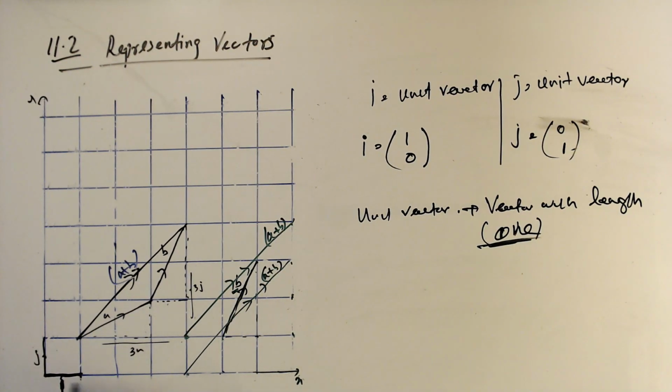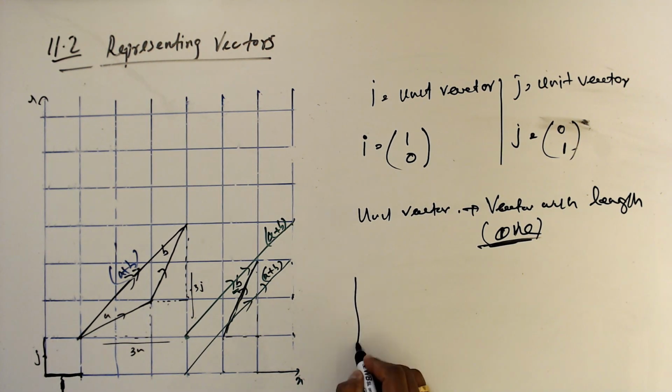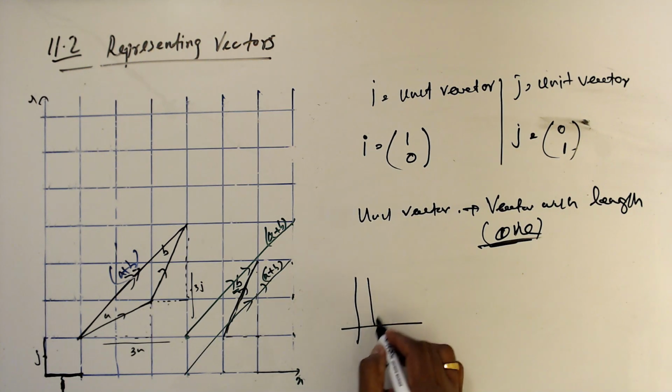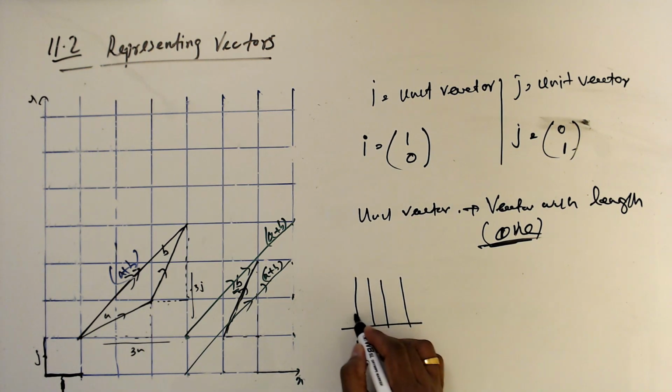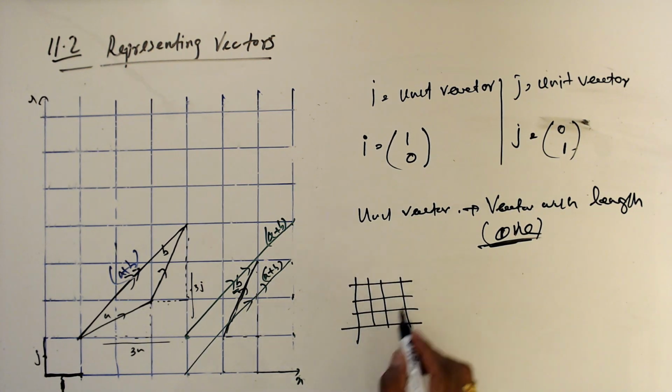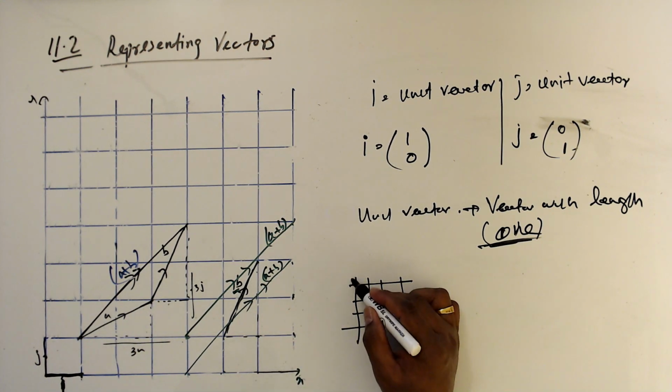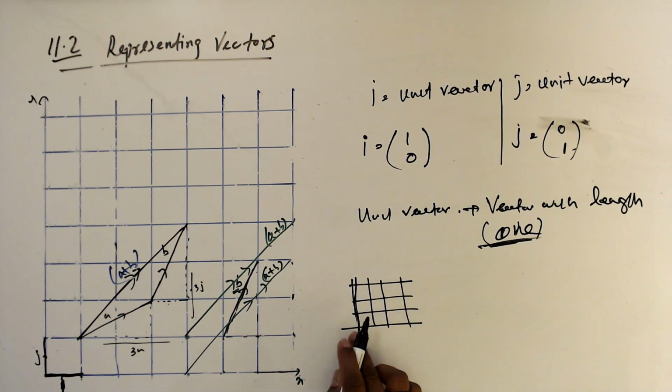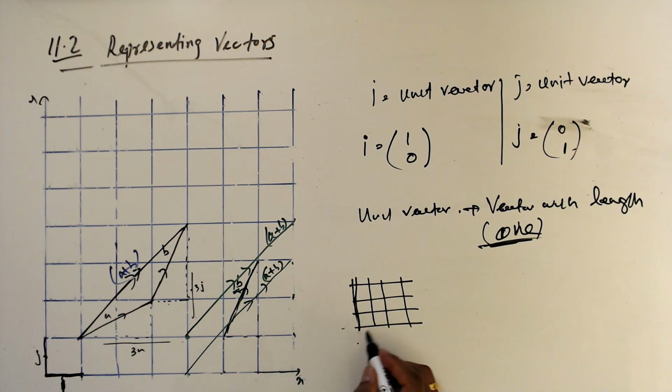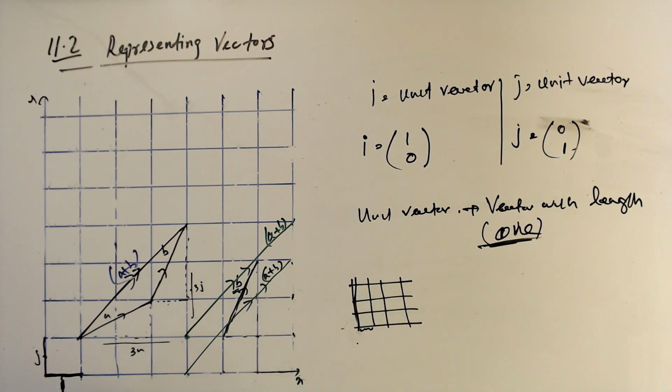Now the size of length 1 is relative to the structure. If I draw a small structure like this, now this is very small. What is my length now? In here, this is one length, and on the j side, this is one length.